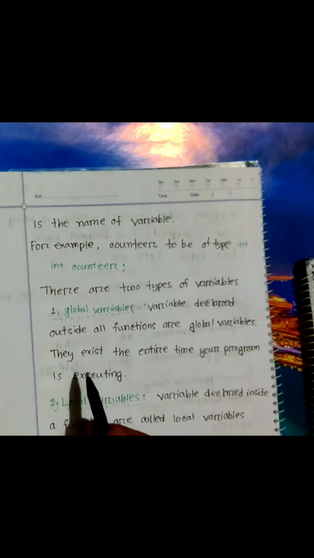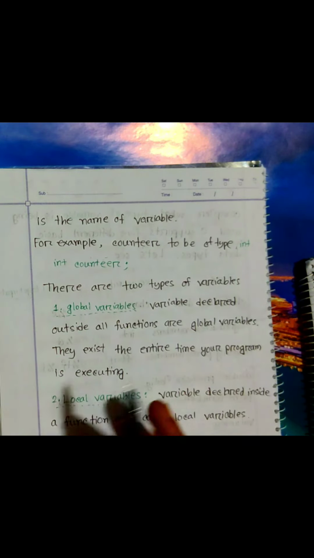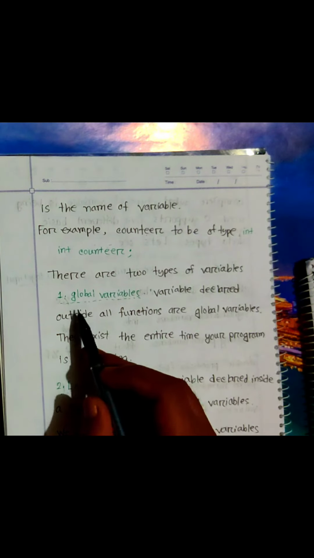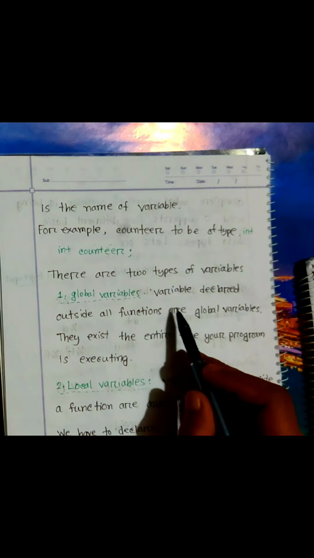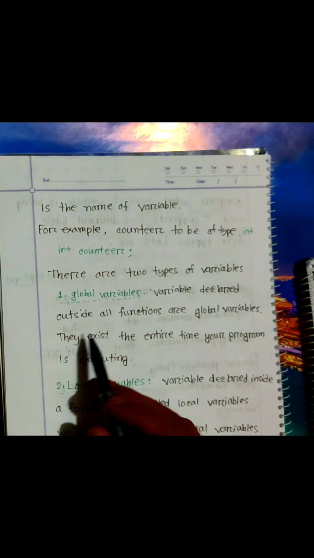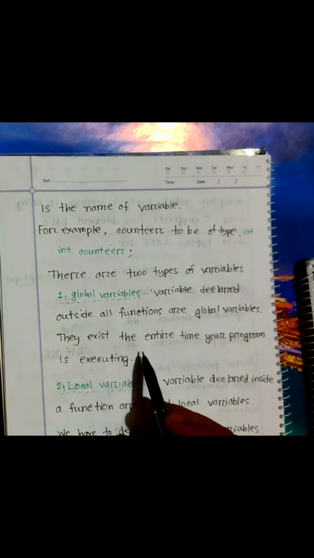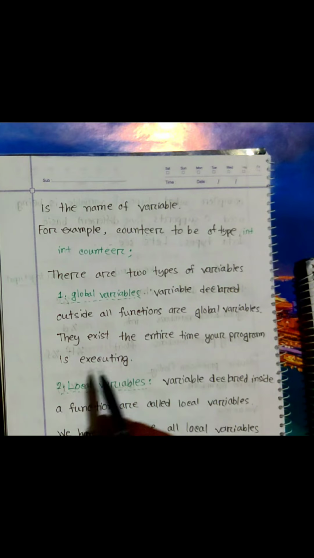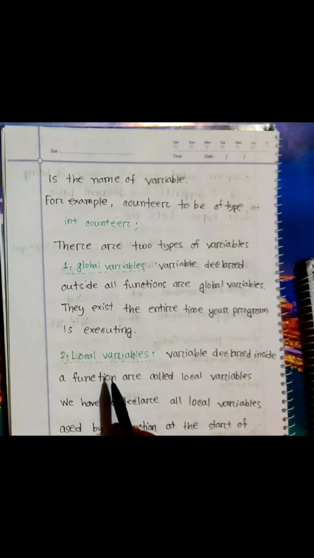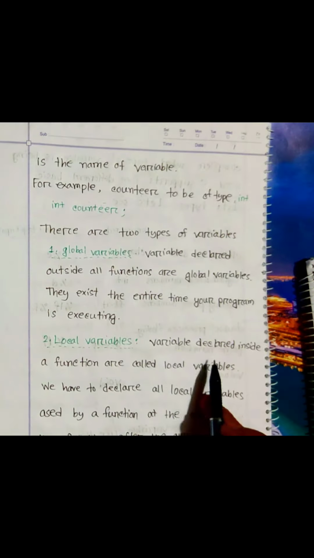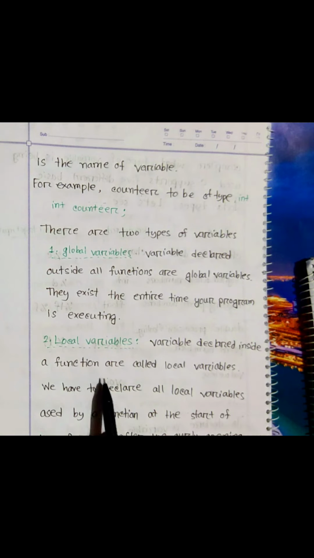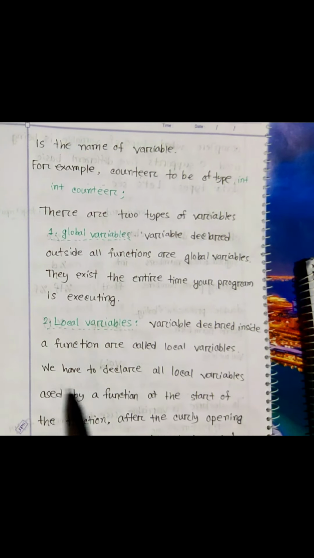Okay, there are two types of variables. One, global variables: variables declared outside all functions are global variables. They exist the entire time your program is executing. And local variables: variables declared inside a function are called local variables.